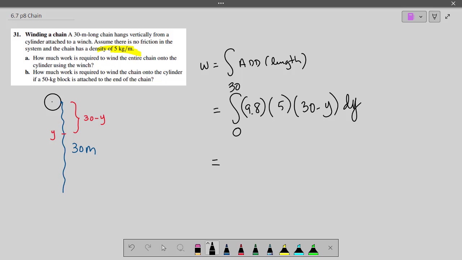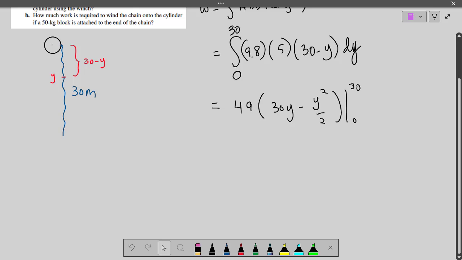Okay, so we can pull this out, let's see, what's that going to be? Is that going to be 49 out in front? 49, and then when we integrate, we'll get 30y minus y squared over 2, 0 to 30. Plugging in the 30 is going to give us 30 times 30, which is 900, minus half of 900.